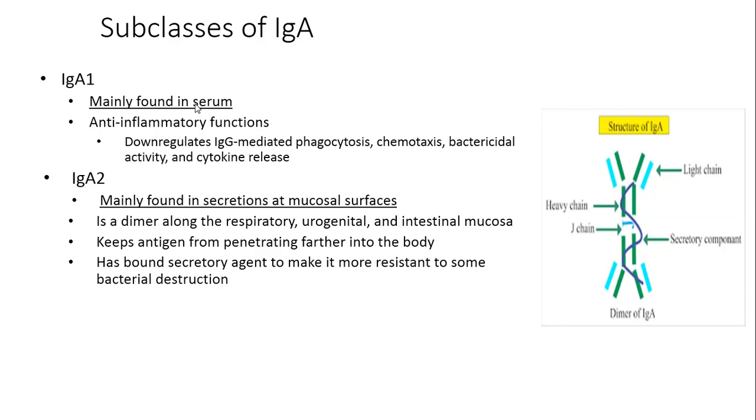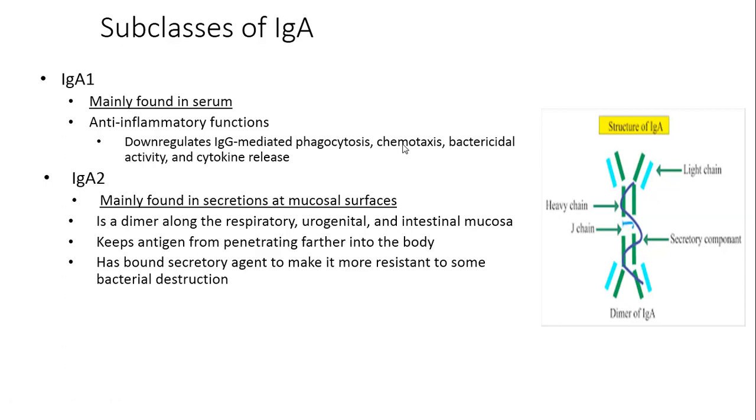And what it does is downregulate or minimize phagocytosis that's been triggered by IgG. So it's one of suppression more than activation. IgA also can cause some of that chemical calling, that release of cytokines, that chemotaxis.